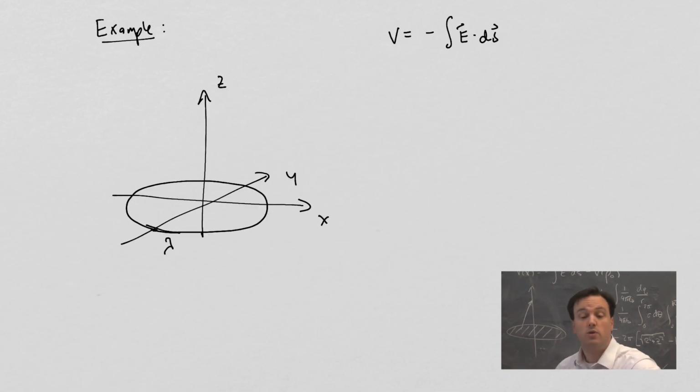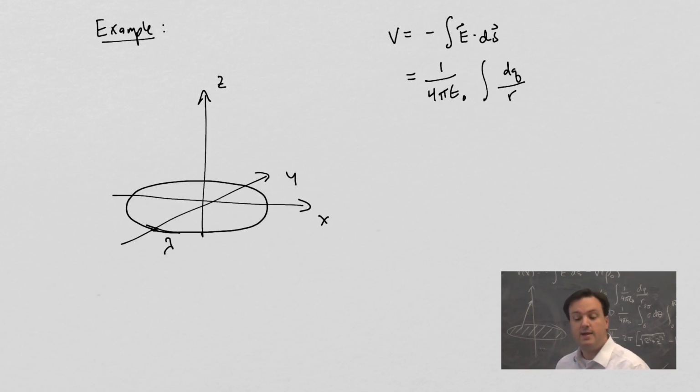Okay, so now let's do a more complicated example starting with that expression. So where I had before V is equal to the integral of E dot ds, I can replace that with an expression for integrating a charge distribution over a compact support. The charge distribution that I'm going to be looking at first is a ring of charge with charge density lambda that's lying in the xy plane.